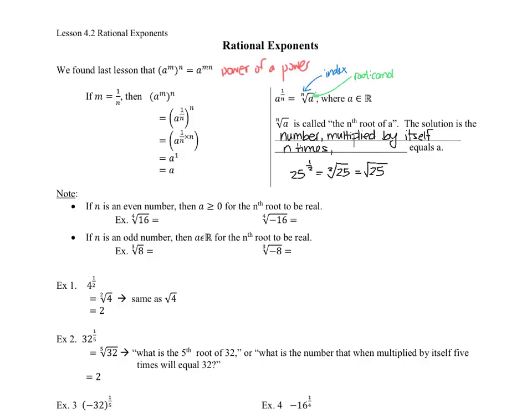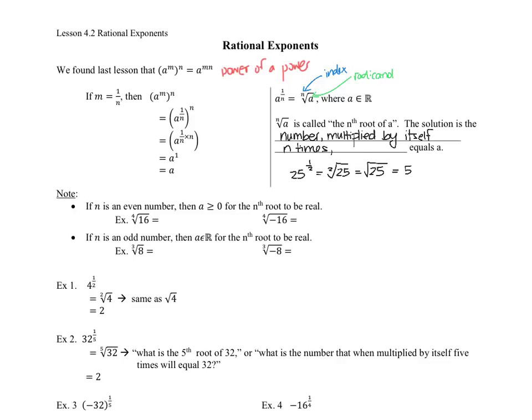So 25 to the exponent of a half is the same thing as square root of 25, which we know is 5, because we're asking ourselves what number, when multiplied to itself 2 times, 5 squared, would give you the answer of 25.